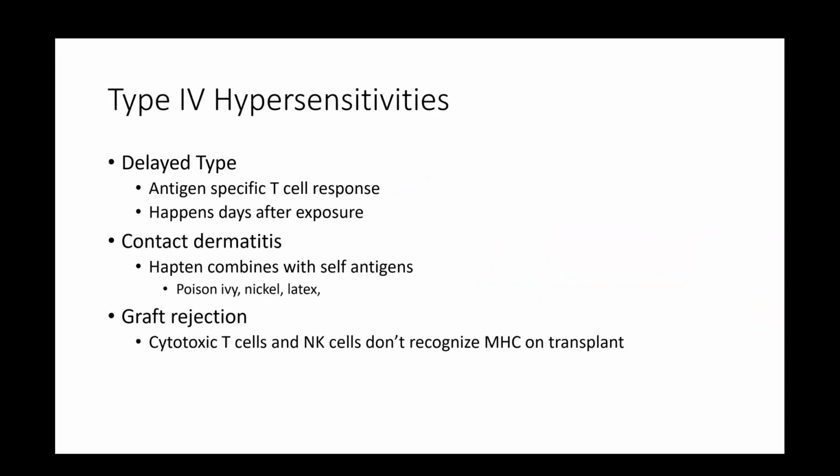All right. The last hypersensitivity that we're going to talk about is type 4 hypersensitivity. And again, let's think about what we need to think about with this one. It's slow. This actually happens after maybe 2 days, a day at the earliest. It's mediated by T cells instead of B cells this time.